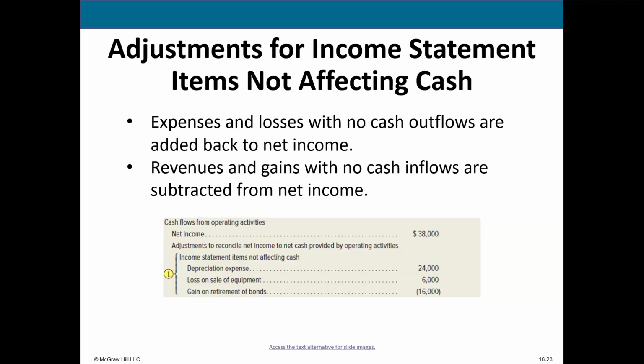These include things like depreciation, amortization, depletion, bad debt expense, loss from the asset of a sale, retirement of bonds and notes payable. When there are expenses and losses that do not affect cash, we use the indirect method to report on the statement of cash flows. And then we just simply adjust for them.